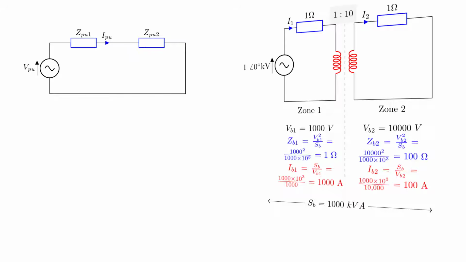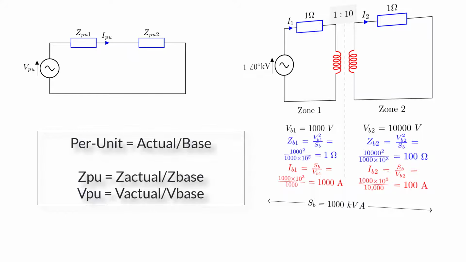So to go from actual to per unit values, we need to divide the actual quantities in our system, voltage and impedance, by the base quantities. This will give us the so-called per unit quantities that make up our per unit equivalent circuit. For the voltage, we chose 1000 volts in zone 1, and our source is conveniently 1000 volts.